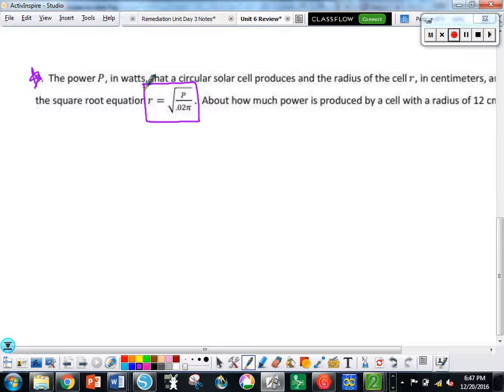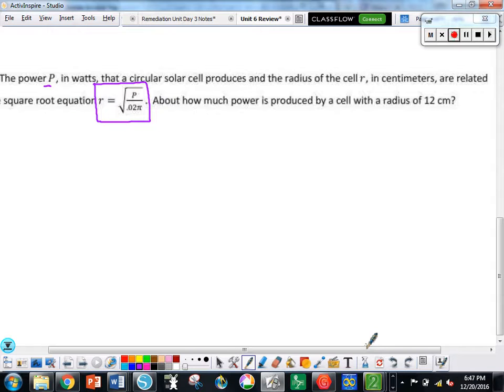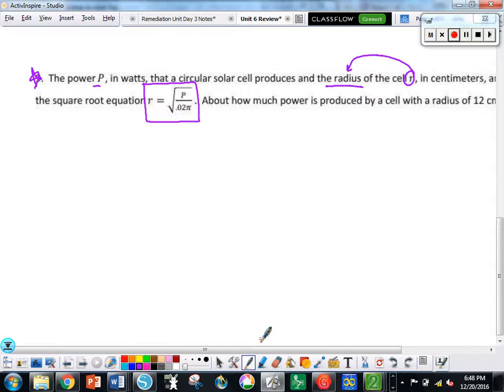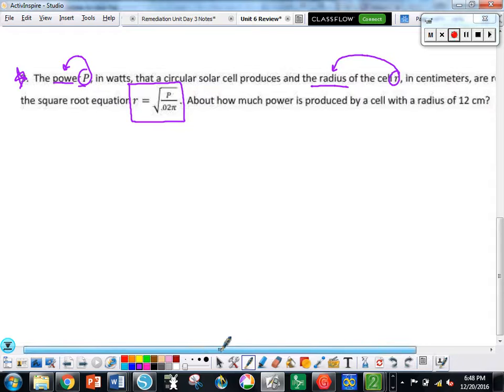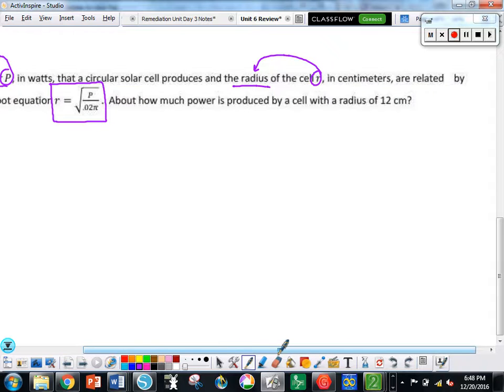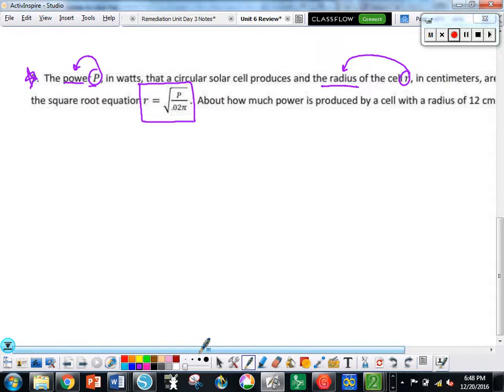The power P in watts that a circular solar cell produces, like I don't care about any of that, and the radius of the cell R, so really this is what matters, and this is what matters, right? In centimeters are related by the square root equation, yada, yada.